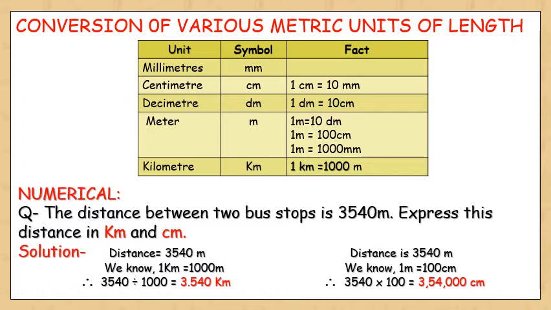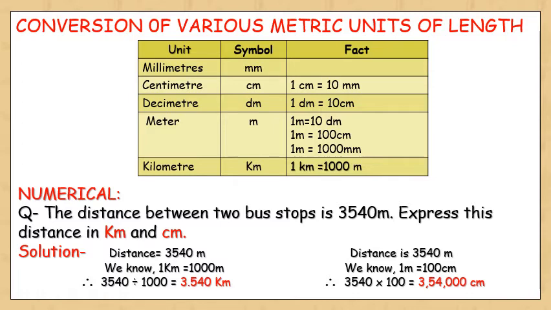So whenever we have to convert a larger unit, here we are converting meter, the larger unit, into a smaller unit, that is centimeter, we multiply the number by the relevant number. So here 3540 will get multiplied by 100.